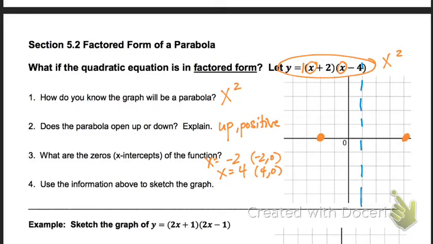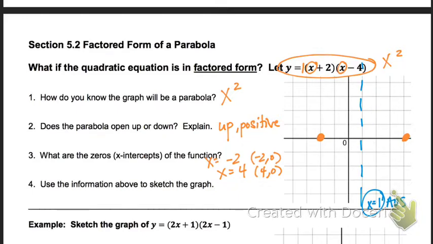And if my axis of symmetry is 1, how could I figure out what the y value is? Plug in 1 for x. So it's x plus 2 and then x minus 4. We're plugging in this axis of symmetry.